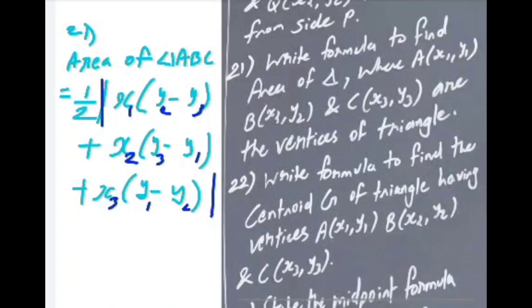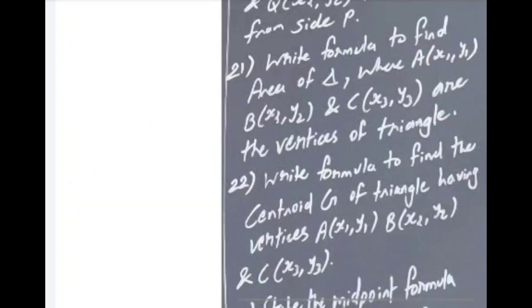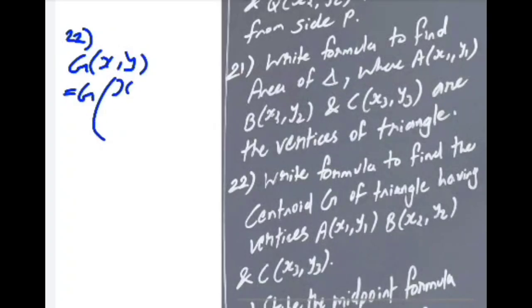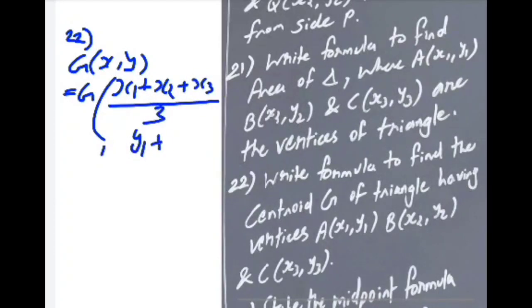Okay, then let's see the 22nd question. Write formula to find the centroid of the triangle. Then centroid, let's say G(x, y), then centroid is G, (x1 plus x2 plus x3) upon 3, comma y coordinate is (y1 plus y2 plus y3) upon 3.